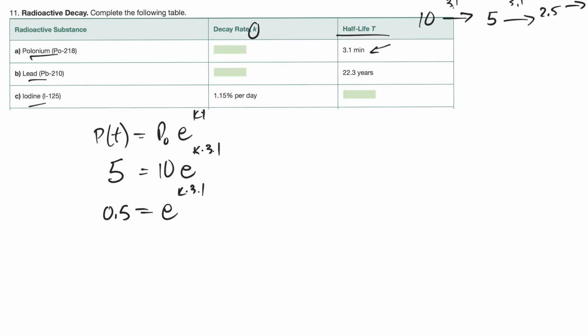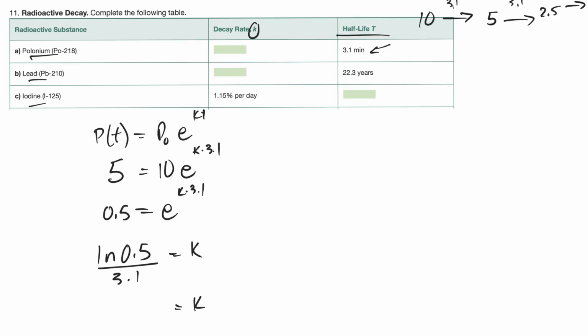Change from exponential to log form, so ln of 0.5 divided by 3.1, that'll be what my k value is. So let me do that. Ln of 0.5 divided by 3.1.